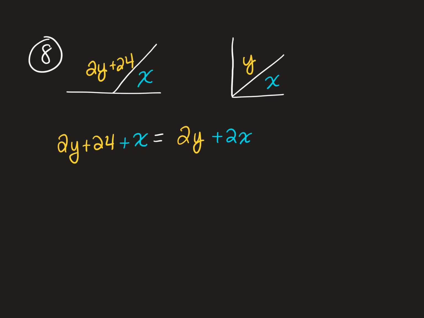Okay. Tell me what you did. So 2 times 90 minus x. Okay.